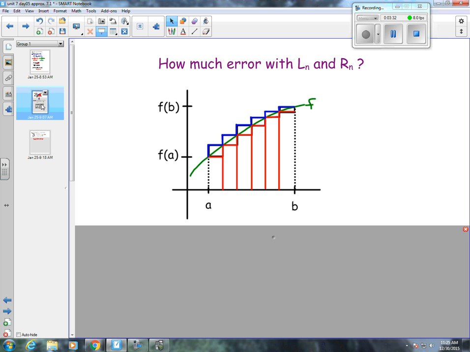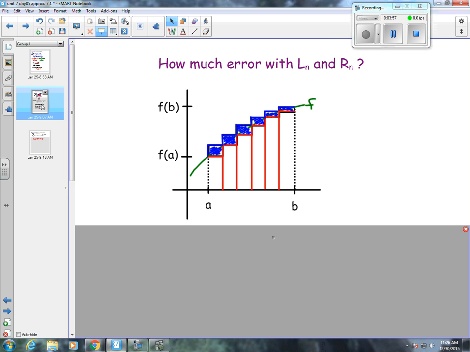So the worst case error is going to be the area of each of those boxes added together. We know that the error is actually going to be at least a little bit less than the total area of these boxes.